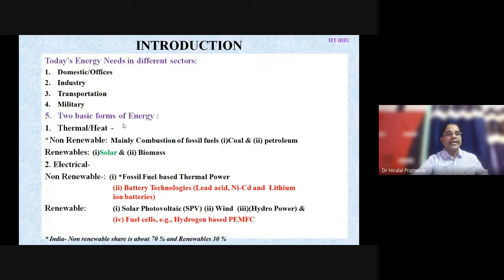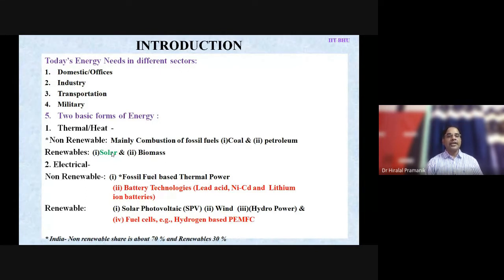But solar energy is pollution free, clean and green. On the other hand, biomass combustion releases polluting gases, and a solid residue is left over which pollutes our environment. But solar is clean and green.